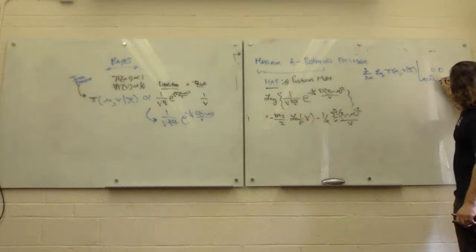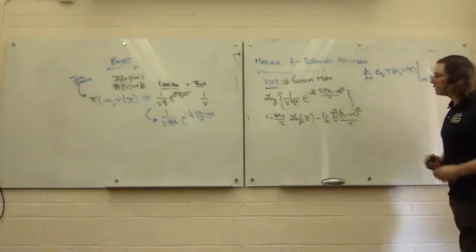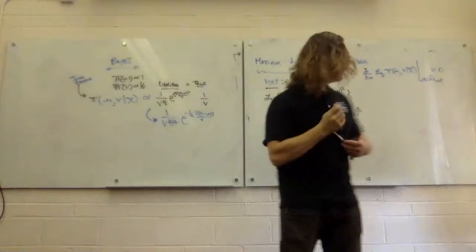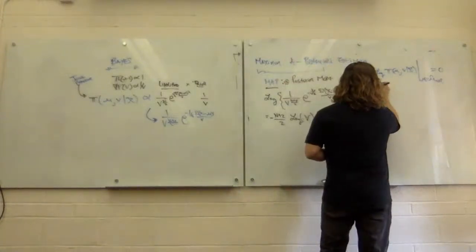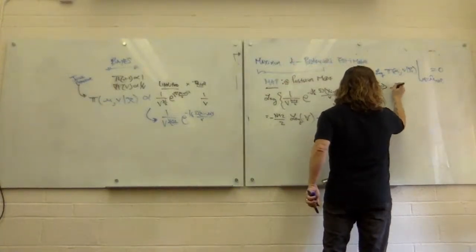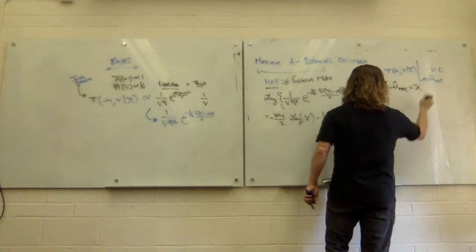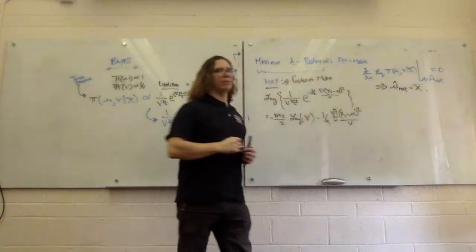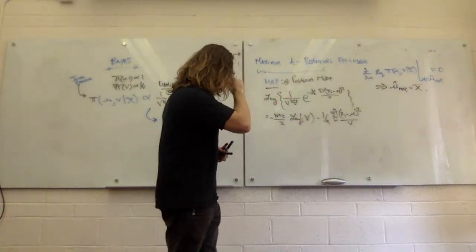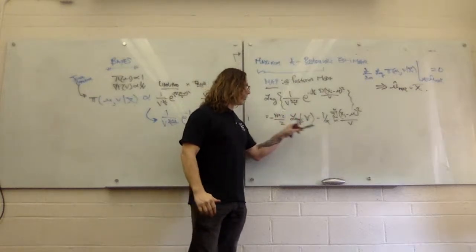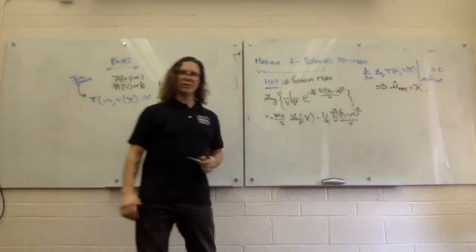I'll write down MAP 1. This gives mu MAP 1 equal to x bar. That's the exact same math that we did before. When I take my derivative over mu, this goes to 0 and this is gone.